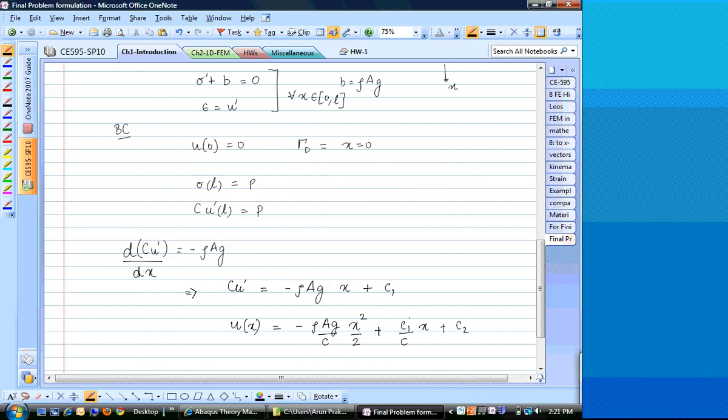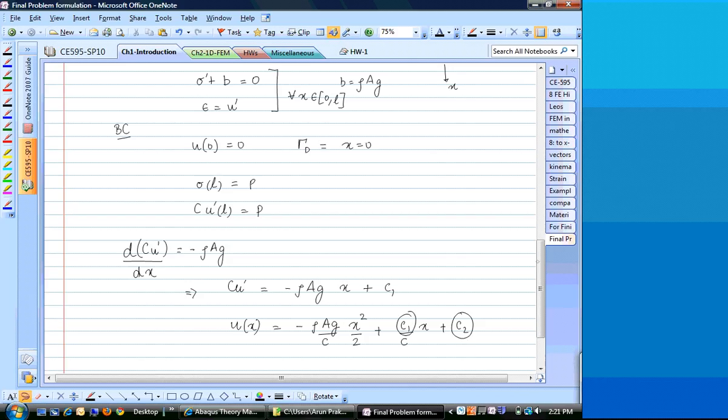So C1 and C2, these two constants, are unknown as yet. The way we calculate them is by using the boundary conditions, right? If we plug u equal to 0 into this expression, and plug this expression into this equation, we can find out u of x. So this is an analytical solution.